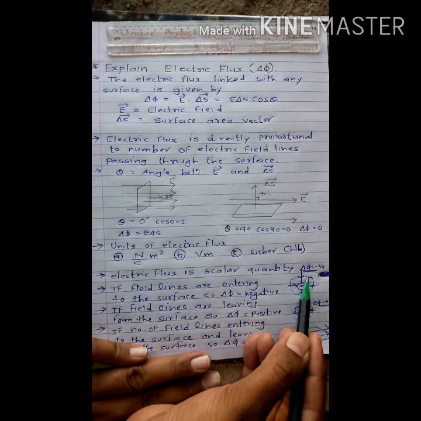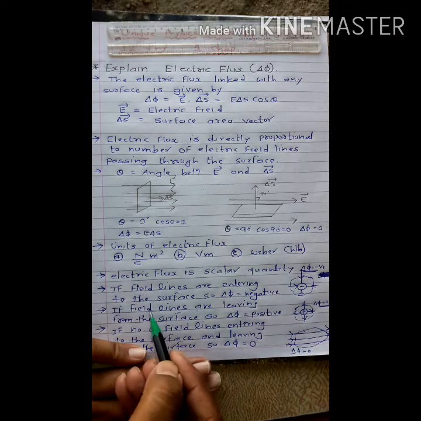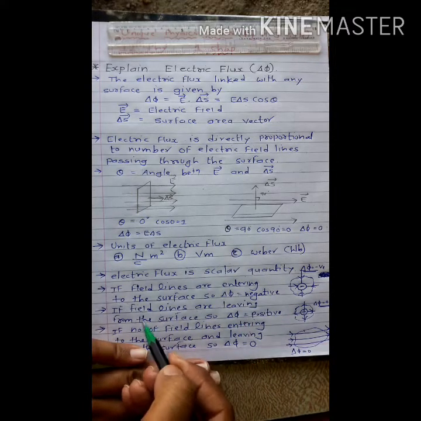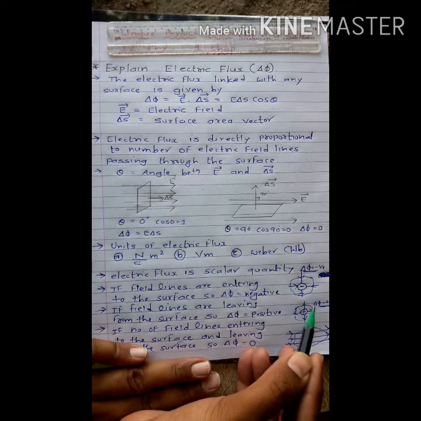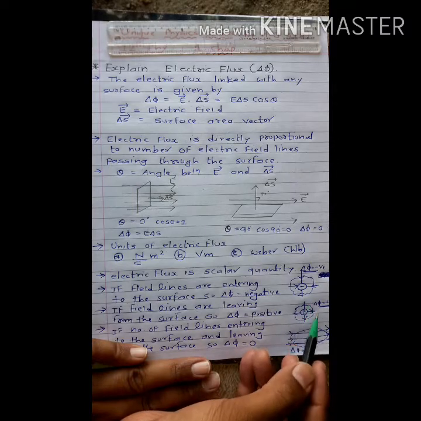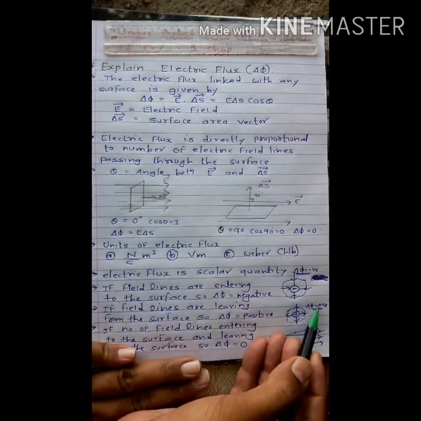So field lines are entering the surface, flux is negative. Similarly, if field lines are leaving the surface, this is our surface, this is our positive charge, and for a positive charge electric field lines are radially outward, so the flux linked with this surface is positive.